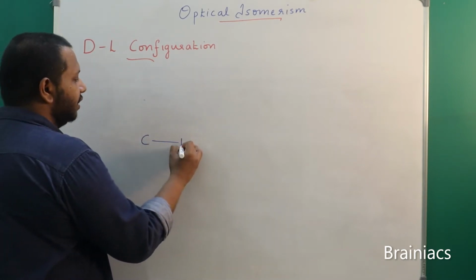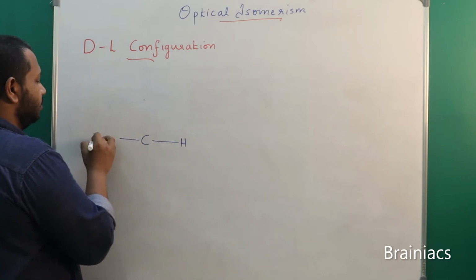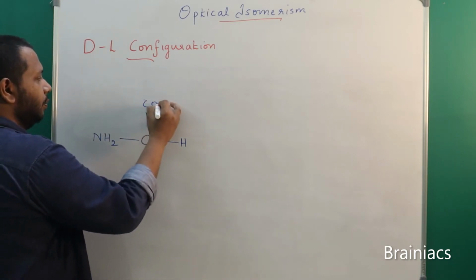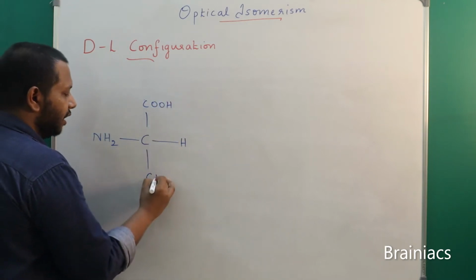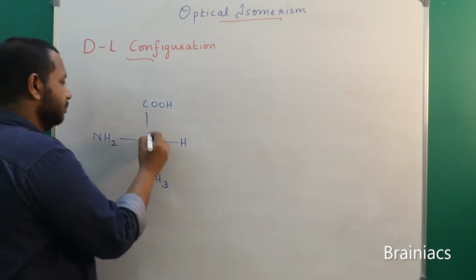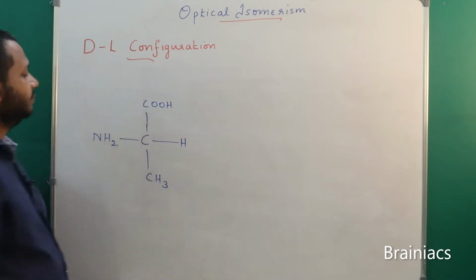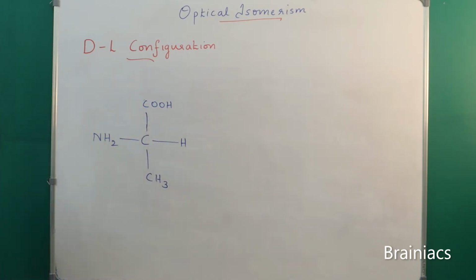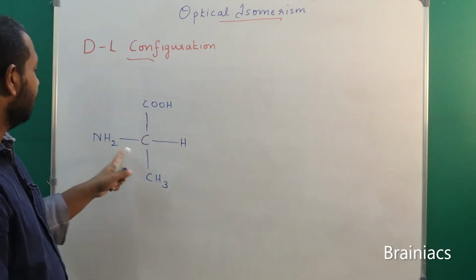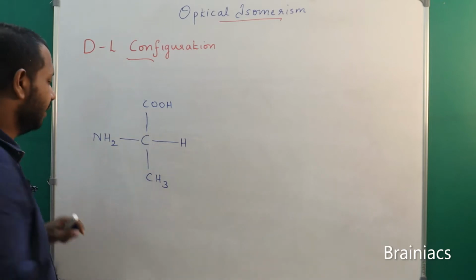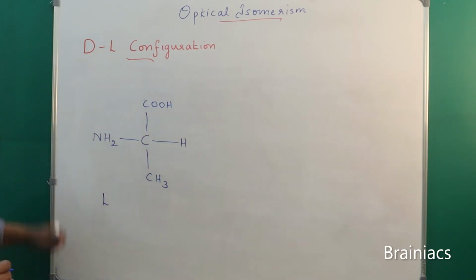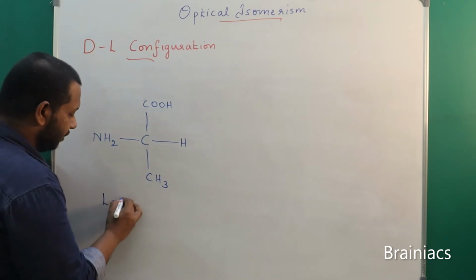C, hydrogen here, here you have NH2, it's an amino acid, and you have COOH at the top and CH3 at the bottom. This is the configuration. If you see here, you can see more oxidized carbon at the top and less oxidized at the bottom, and NH2, the functional group, is on the left side. So I can say this is an L configuration of serine, and I can say L serine.